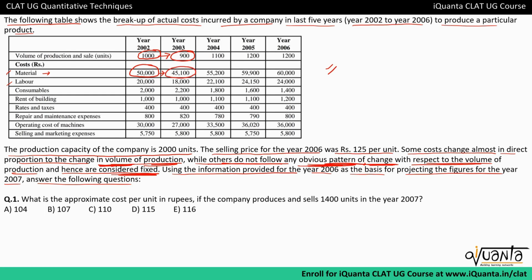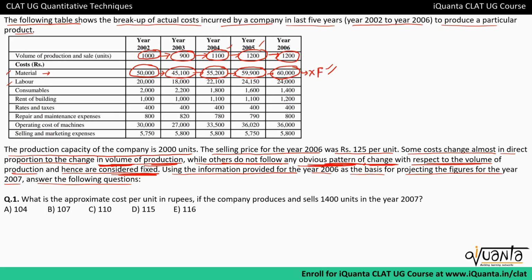Then in year 2004, the number of units has increased from 900 to 1100 and the cost has also increased from 45,000 to 55,000. Similarly in year 2005, the number of units has increased from 1100 to 1200 and the cost has also increased. So yes, we can say that material always follows a direct proportion. That means if the number of production units is changing, then the cost is also changing. So we can say that this is not fixed.